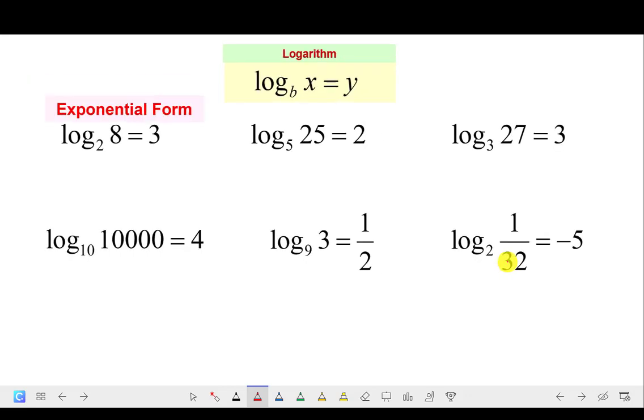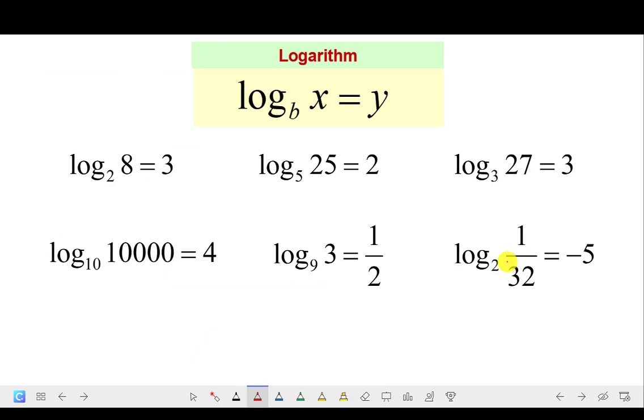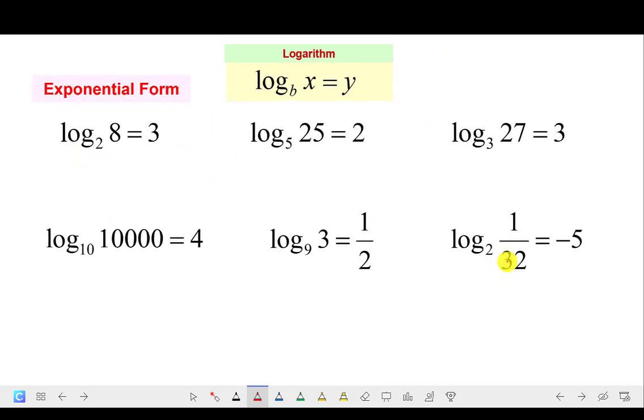So now these are all in a logarithmic form, all these 6 expressions here. We're going to convert these into an exponential form. And just like I said before, it's just 2 to the power of 3 gives me 8. These are equivalent expressions. Over here, 5 to the power of 2 is 25, and so forth.